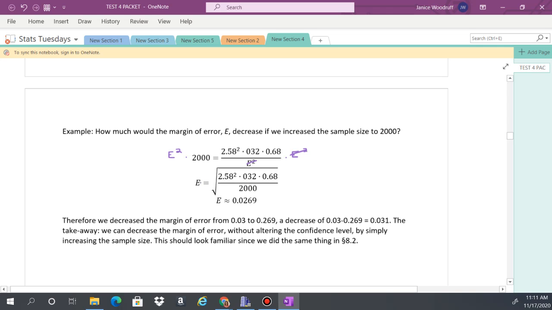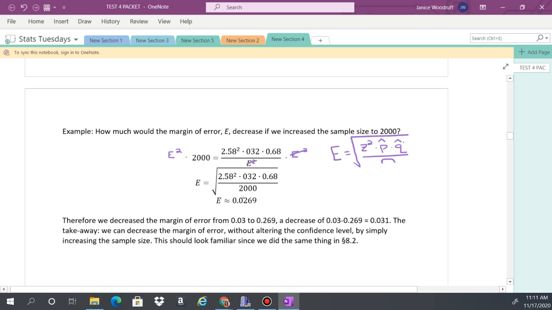Okay, so if you're trying to find the margin of error decrease, that formula is going to be z squared times p hat times q hat over n, and then that whole thing in the square root. So just the same formula, just reworked to find the margin of error.